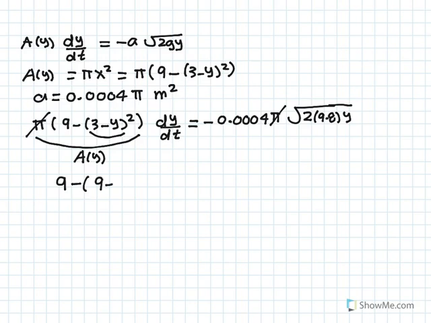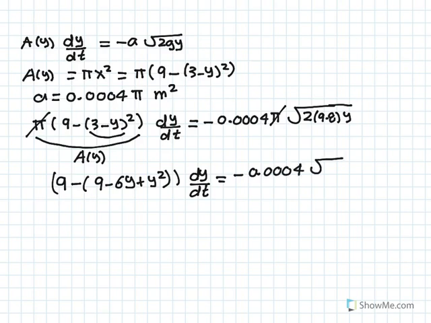That's going to be 9 minus 6y plus y squared, times dy/dt, is equal to minus 0.0004 root of 19.6 times root y. So if we simplify this, 9 minus 9 is 0. And what are we going to get? Well, we're going to get 6y minus y squared times dy.